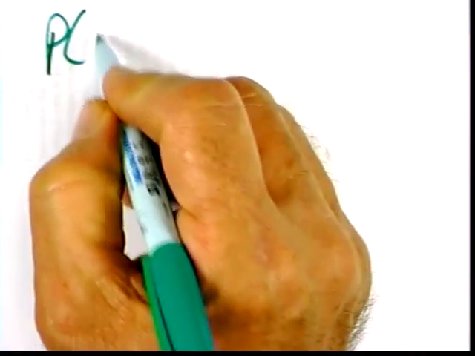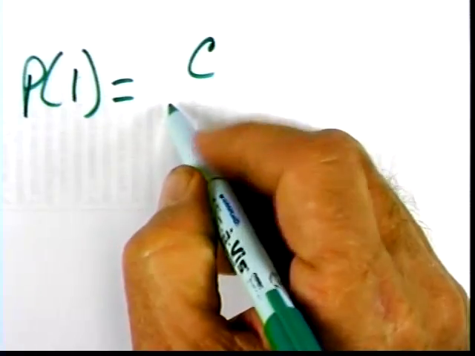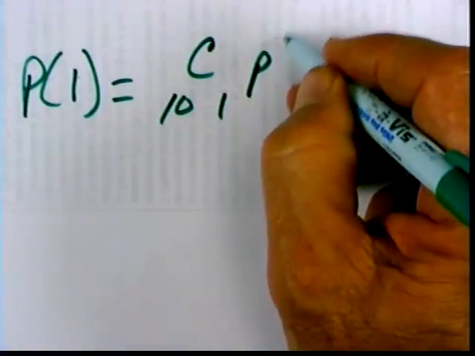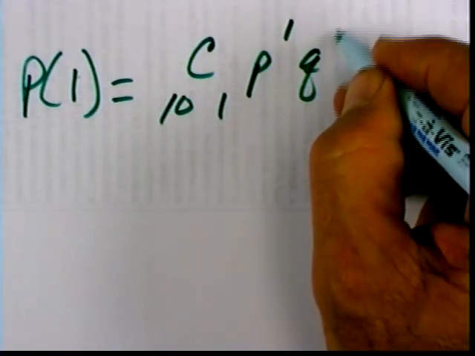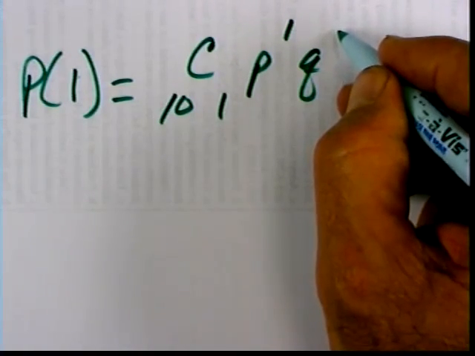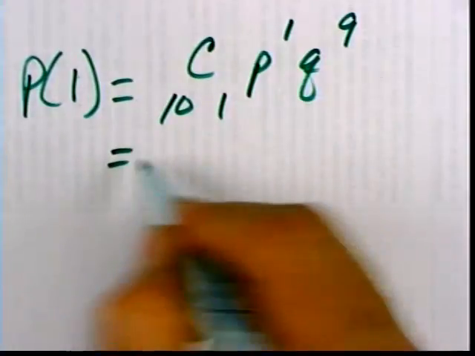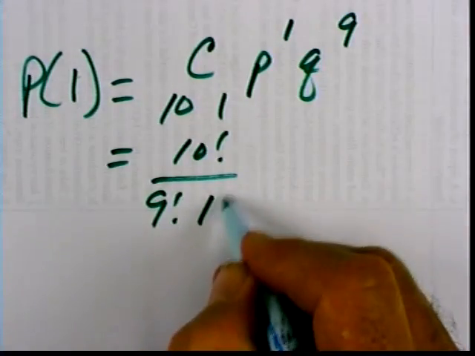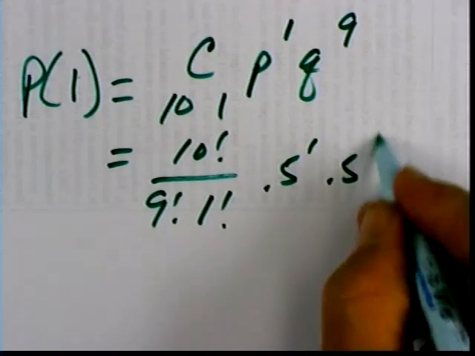So P of 1 success, 1 heads, is going to be equal to C of 10, taken one at a time, p to the 1, q to the 9. And so this is going to be 10 factorial over 9 factorial, 1 factorial, 0.5 to the 1, 0.5 to the 9.